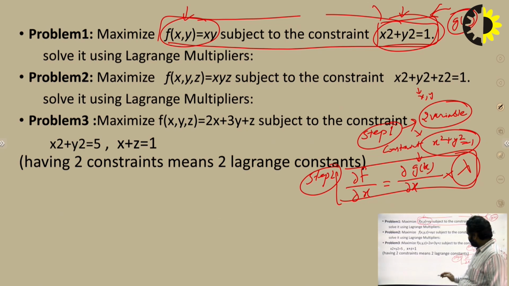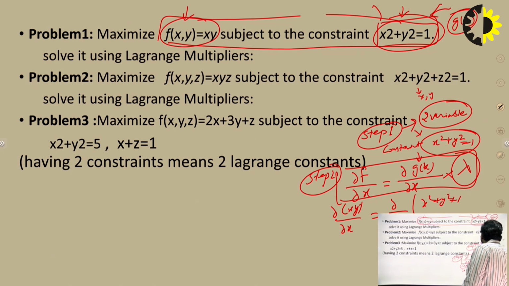After solving this, del f(x,y) upon del x equals del upon del x of (x squared plus y squared minus 1), so this gives y equals 2x lambda.